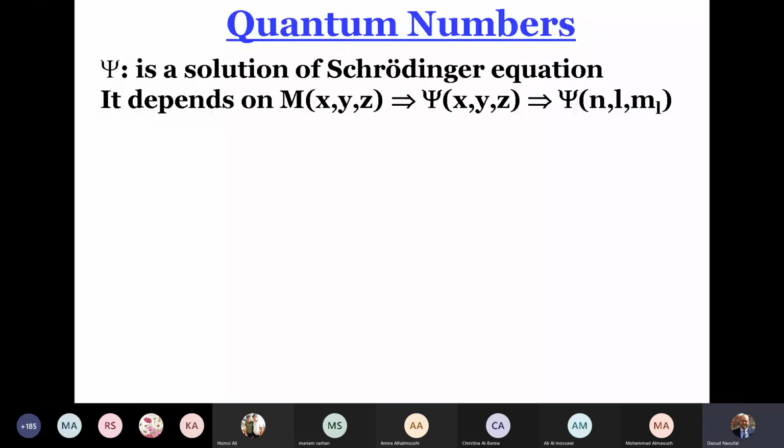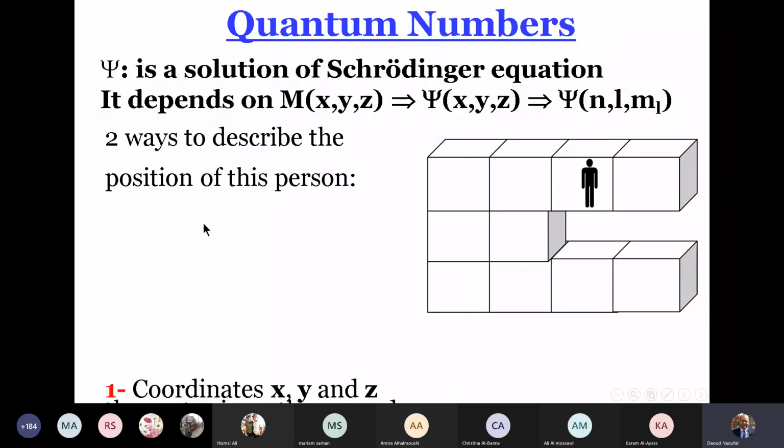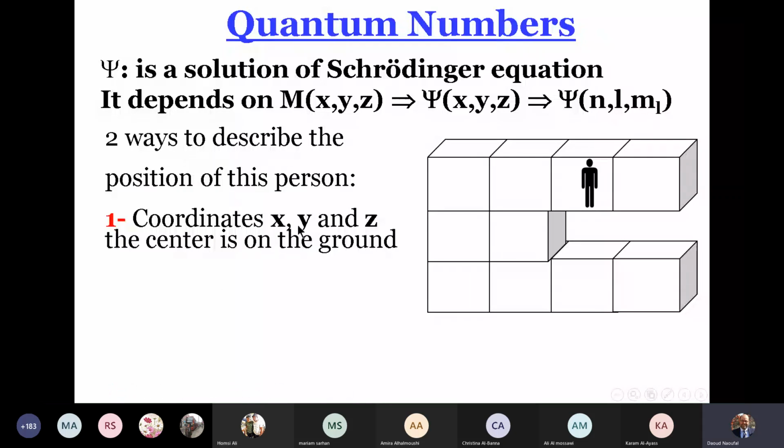So x, y, z are, for example, in picometers or in nanometers, because the volume of the atom is very, very small. Suppose we have a person in a building, and the entrance of this building is the center of the building. I can locate this person by giving x, y, and z according to the entrance.